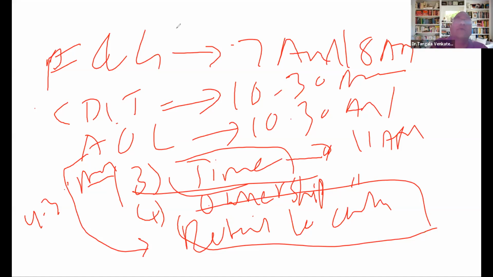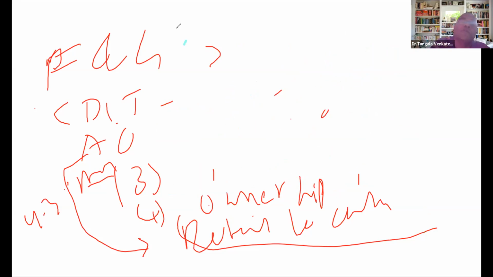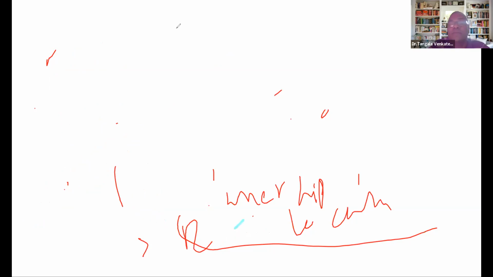The fourth one is ownership utility. What is ownership? If you are buying a TV from Reliance Digital, when does ownership get transferred?